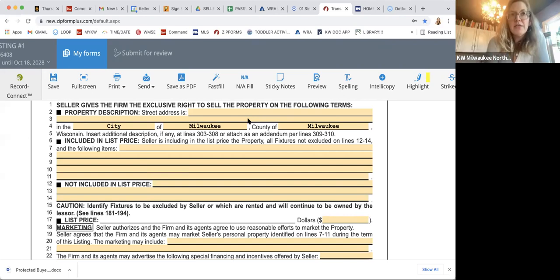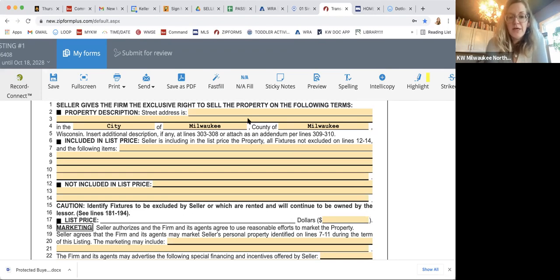Beyond appliances, I would be specific here, and even if it is a fixture, maybe still specify it so that there's no confusion when it comes time for an offer, and when you are transferring these items to the MLS data sheet to communicate to the buyer.